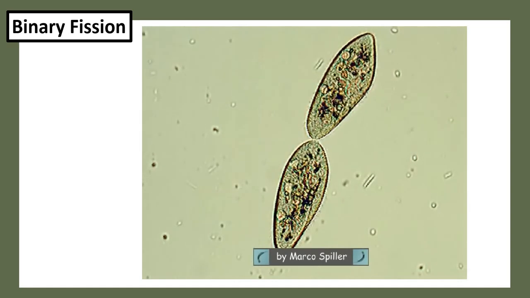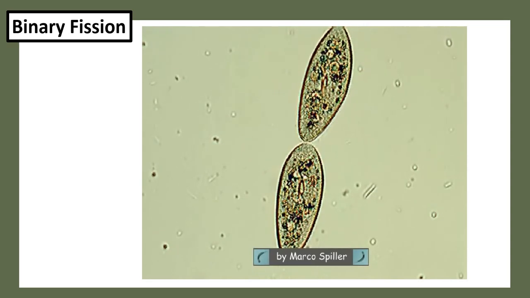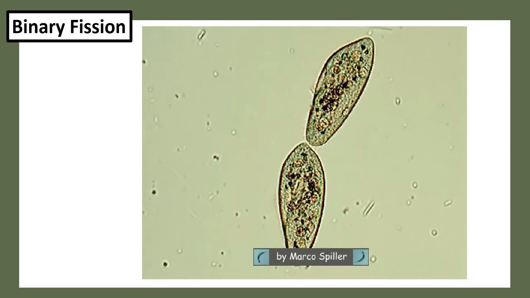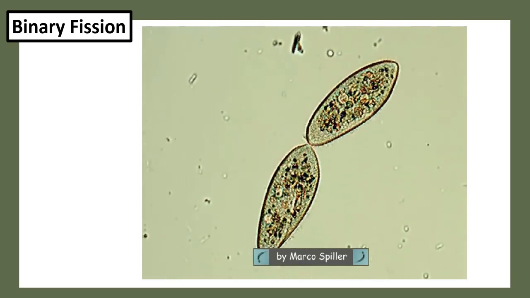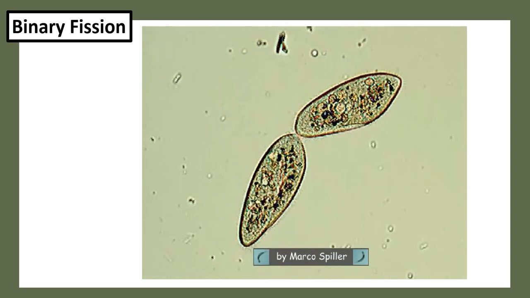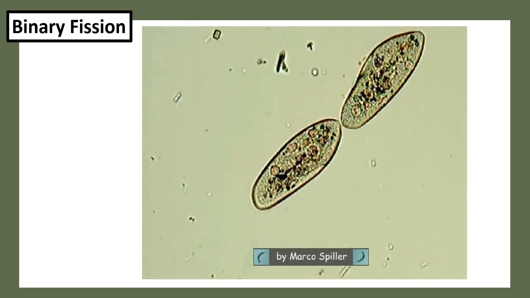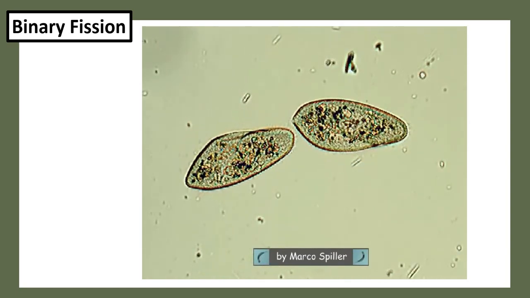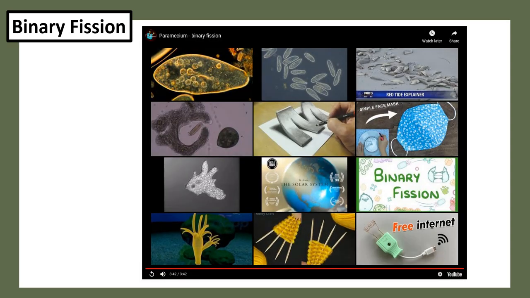Getting close. And you can see they take on the classic paramecium shape the closer they get to actually being split and divided from each other too. Okay, they're starting to separate and pull apart from each other. They are almost there. And separation. So those were both genetically identical to each other.